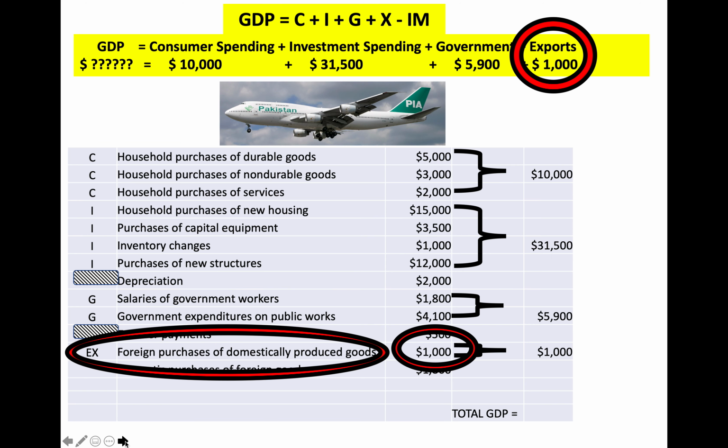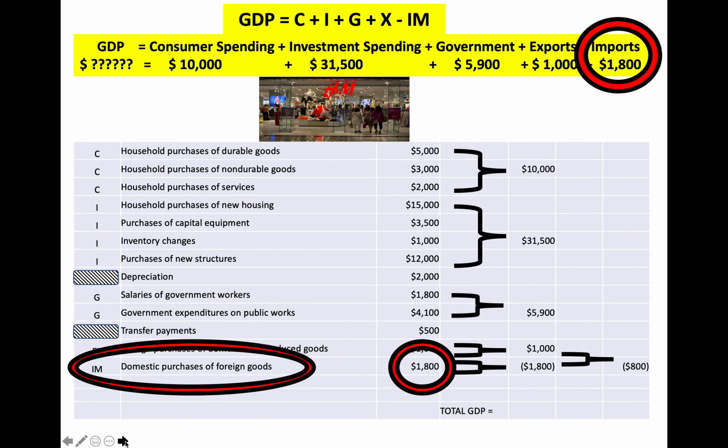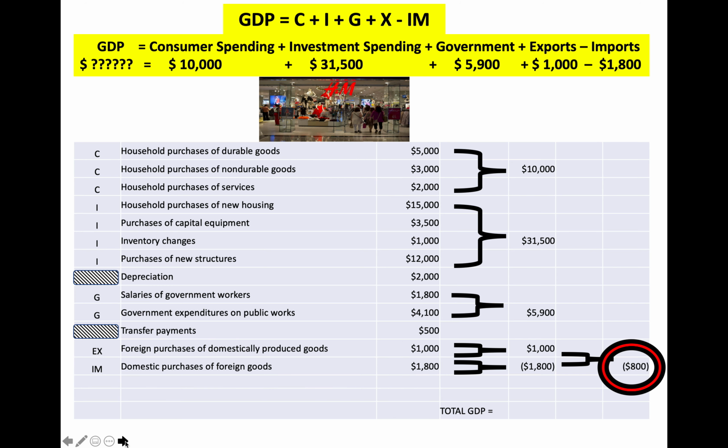Then we have our foreign purchases, the exports, if you will, what we sell to other countries. So we have to measure that, and then we have to measure how much we bought from other countries, our imports, and subtract that from our exports, and we end up with a net export number. You'll notice it's in parentheses, which means it's a minus number.